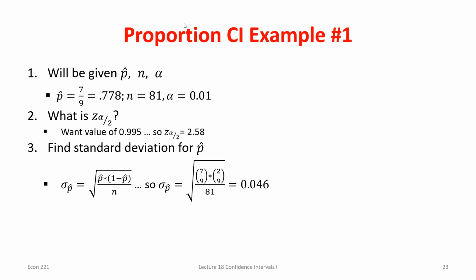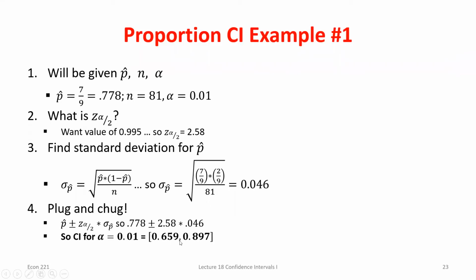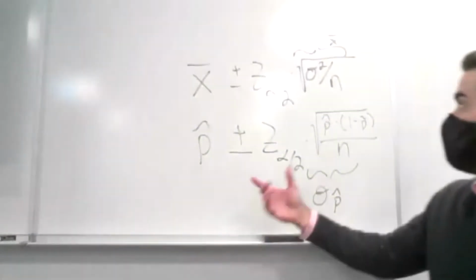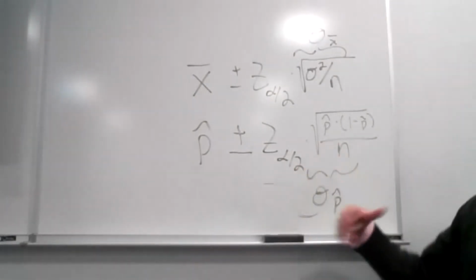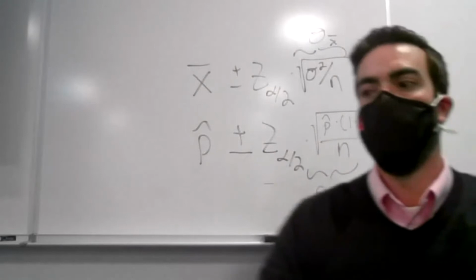So instead of doing this all at one time, we could first find the standard deviation of our sample proportions. And now it's just a matter of plugging everything in. We have the z-score, we've got our sample proportion, we found this standard deviation as an intermediate step, and we get this confidence interval. Now, instead of doing step 3 and plugging it in, you could just do it all at one time, instead of doing the intermediate step, okay?